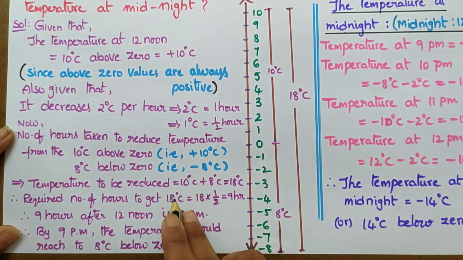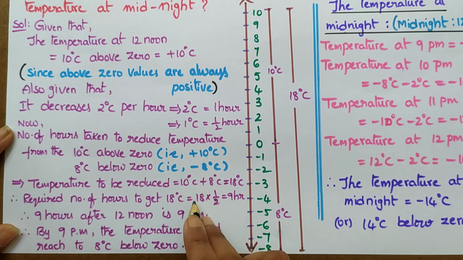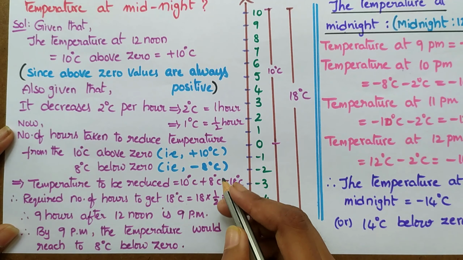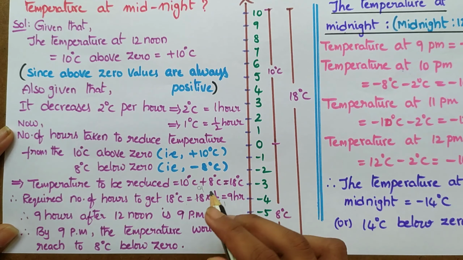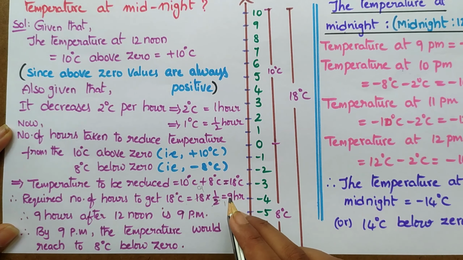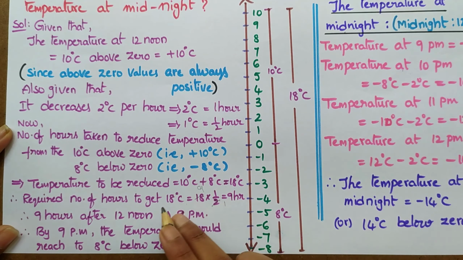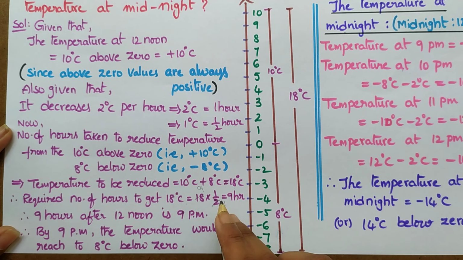So 18 degrees Celsius is 18 into 1 by 2. Now 2 ones are 2, 2 nines are 18. So it is 9 into 1 by 1, which is 9. So it is 9 hours. Therefore the required number of hours is 9 hours.